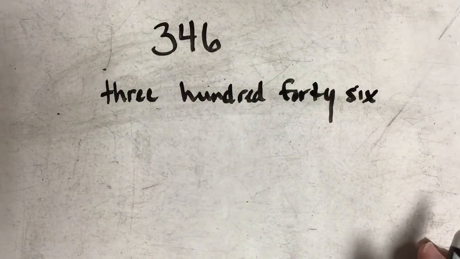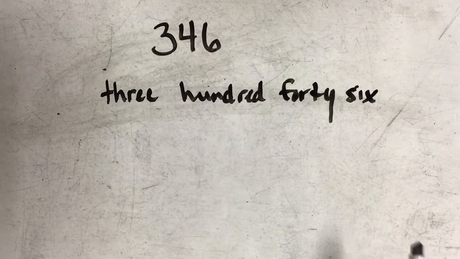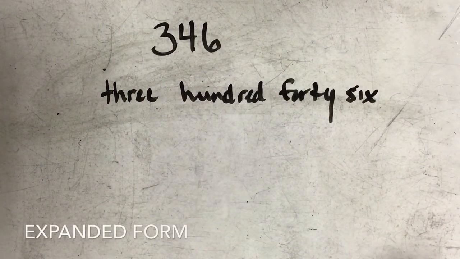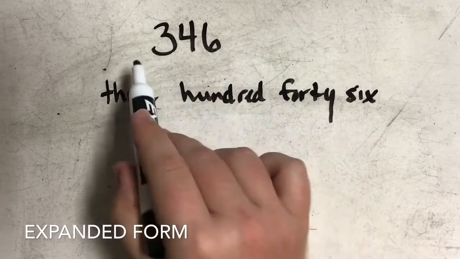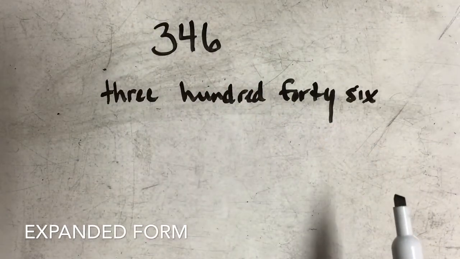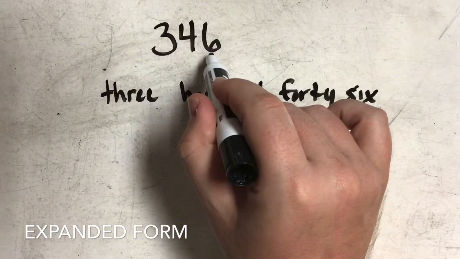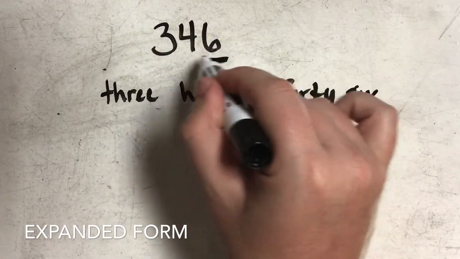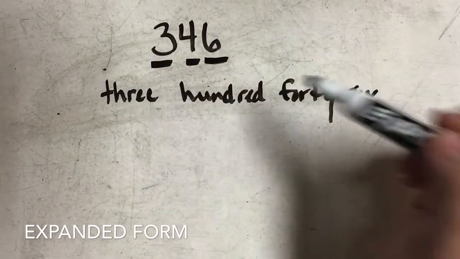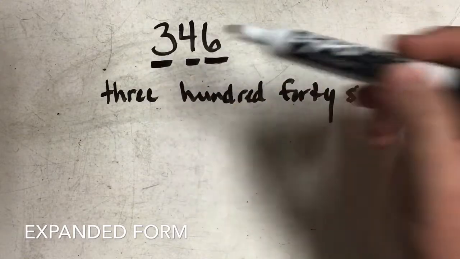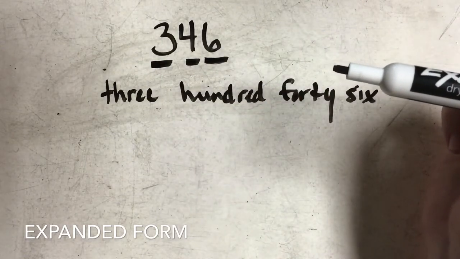And then finally, we also have what's known as expanded form. Expanded form, as the word expanded might imply, is going to be a larger or expanded version of this number. What we're going to do is break down each place value and figure out how much each number is actually worth.